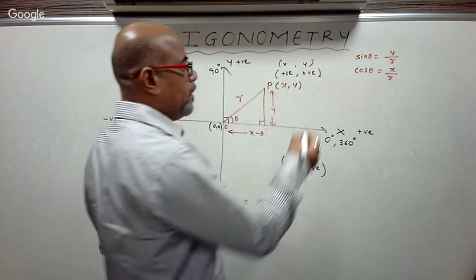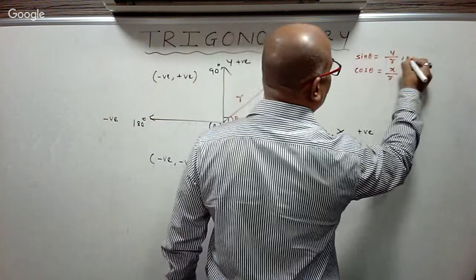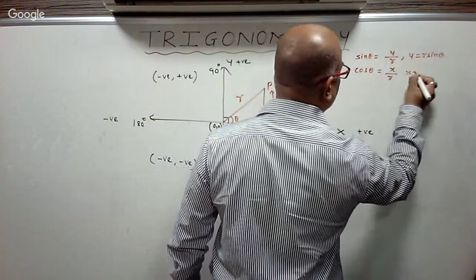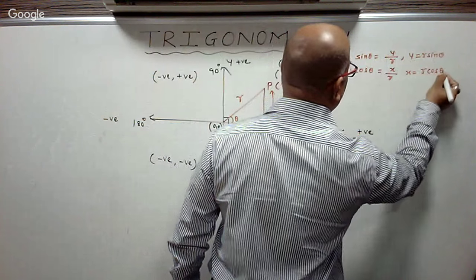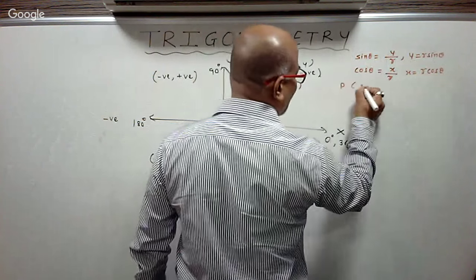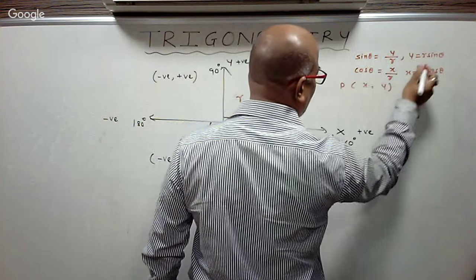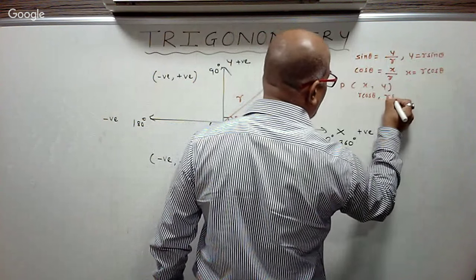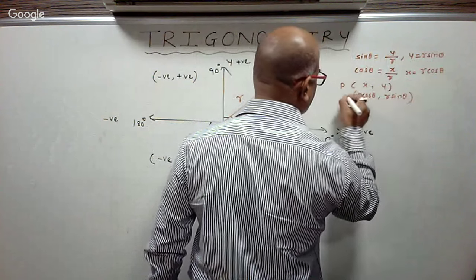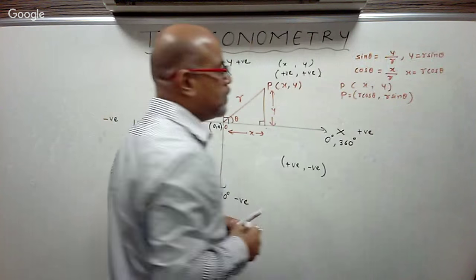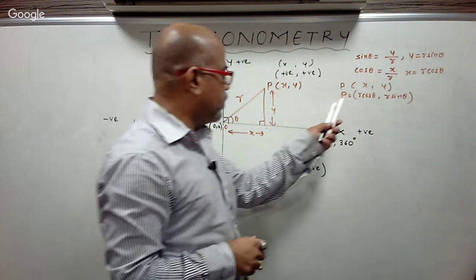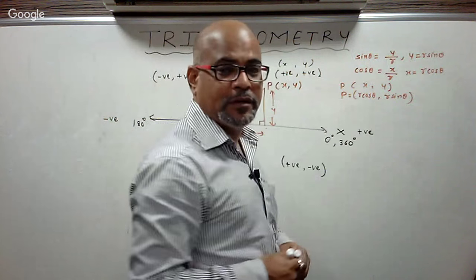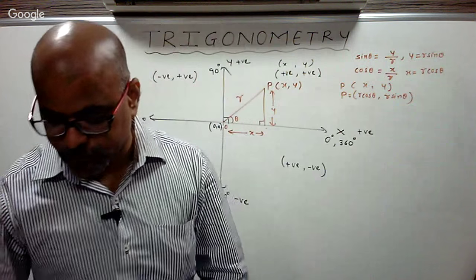From that, if this r is shifted here, we get y equals r sine theta and x equals r cos theta. Now the coordinates of P are x and y, but the value of x is r cos theta, therefore I write here r cos theta and here r sine theta. These are the values of P in terms of the hypotenuse and angle theta: x equals r cos theta and y equals r sine theta.